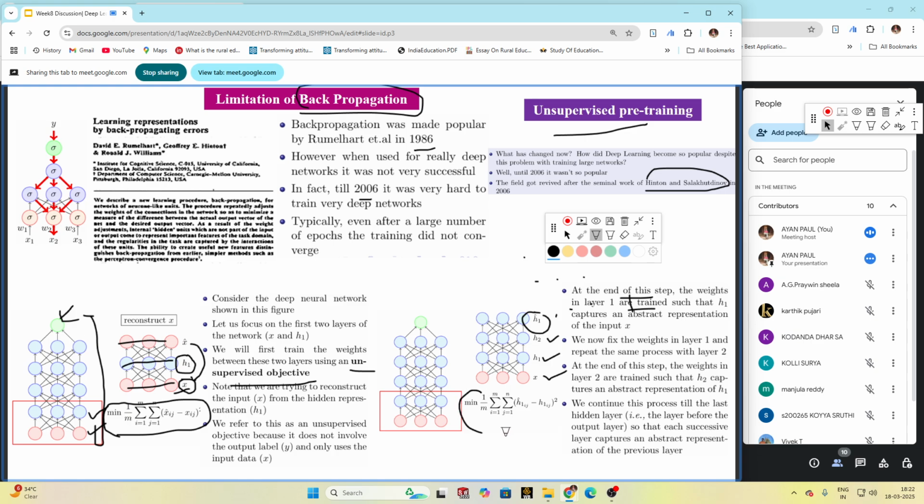And again we have to minimize the loss function, that is the error between H1 and H1 cap. Whenever we minimize this, the weights associated with this layer will get optimized. So this is the first step of unsupervised pre-training.